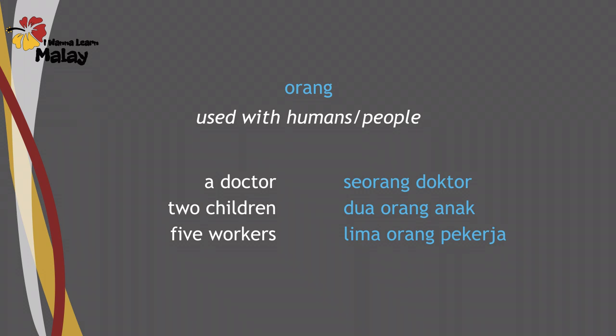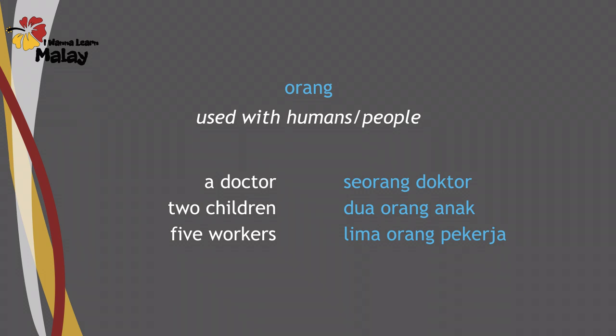Or 5 workers, 5 orang pekerja. So as you can see, the objects are all human beings or people. Because of that, we use orang as the penjodoh bilangan.